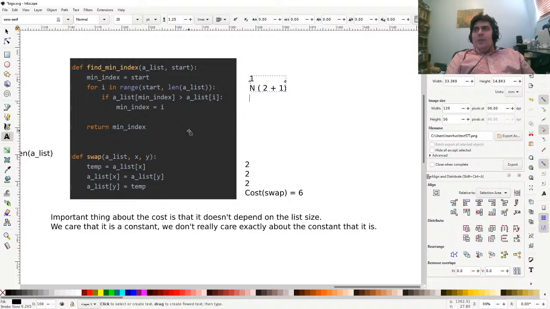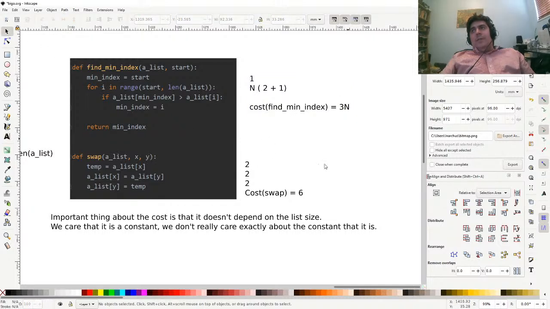So basically, the total cost of this function is 3 times n, right? That's equal to the cost of find min index. And again, we don't really care about this constant 3. All we care about is that it's some constant times the length of the list n. That's the thing that we really care about. This is what we were trying to calculate here.